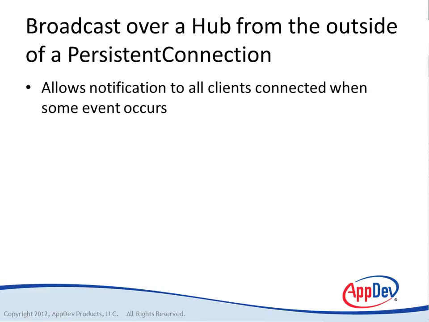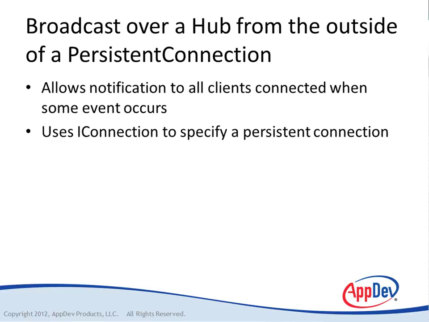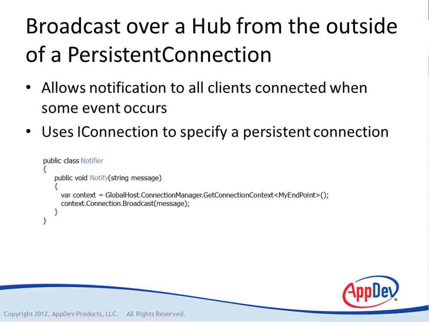So like I said, it allows notifications to all the clients when something happens. It uses IConnection to specify a persistent connection. Here's some code where we would have a class called Notifier that has a method called Notify, which does nothing more than pass a message through, and you can see that it's gathering the context by using GlobalHost.ConnectionManager.GetConnectionContext of MyEndpoint. MyEndpoint is the other class that we had made that is our wrapper for our persistent connection.